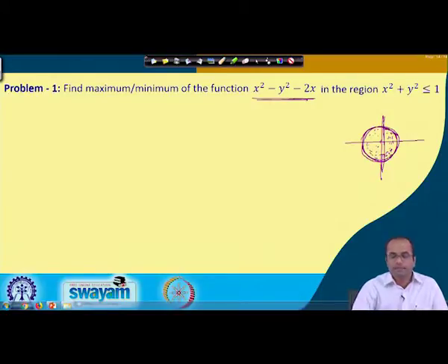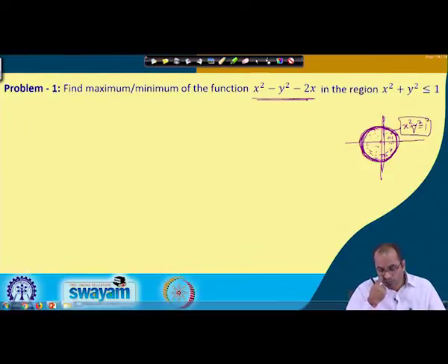Now, we will deal with it in two ways. In all these problems, when such a region is given, the boundary here is x square plus y square equal to 1. So, we will break it into two problems.